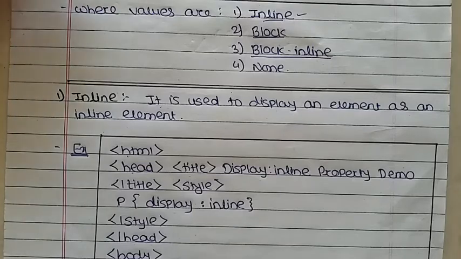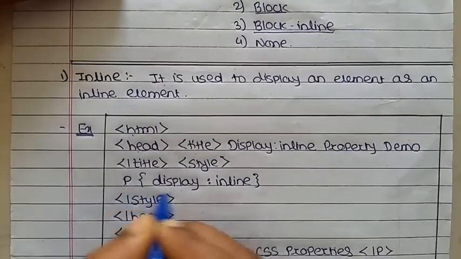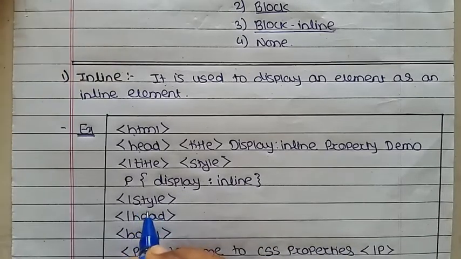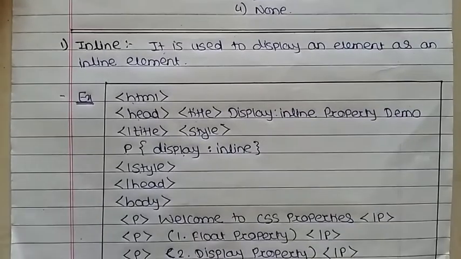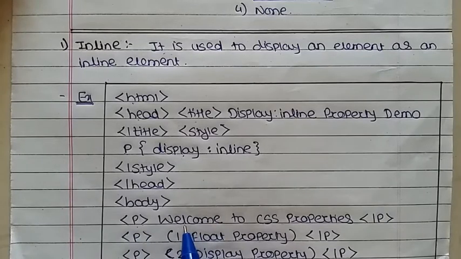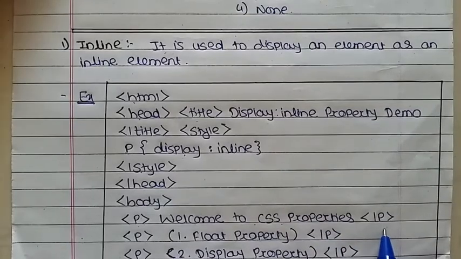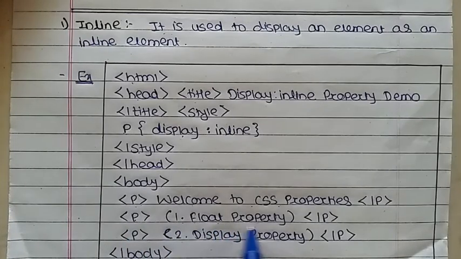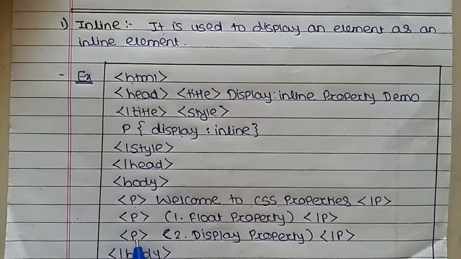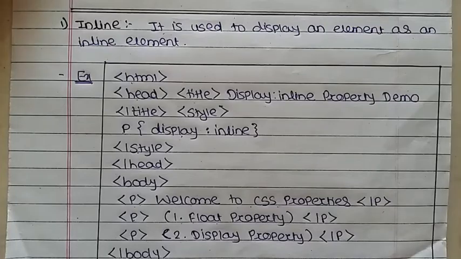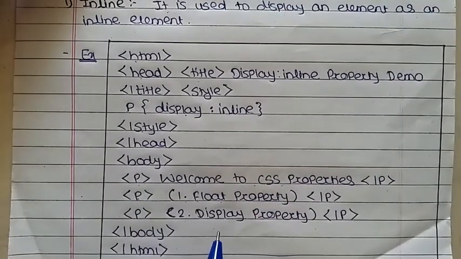So for the p tag we set the property display as inline, then style close, head close, body open, then a p tag. In the p tag we write: welcome to CSS properties. In the next p tag: 1. float property. Then the third: 2. display property. Then the p tags, body tag and HTML tag are closed.